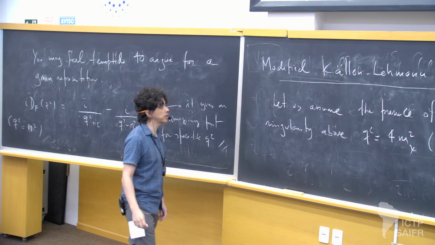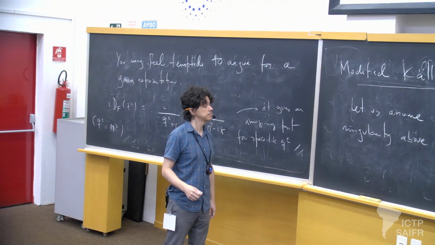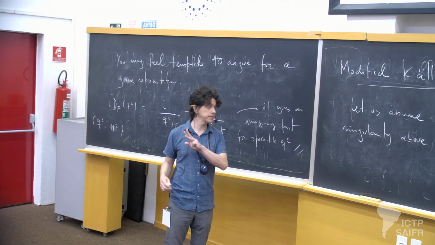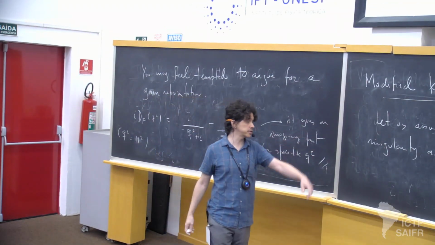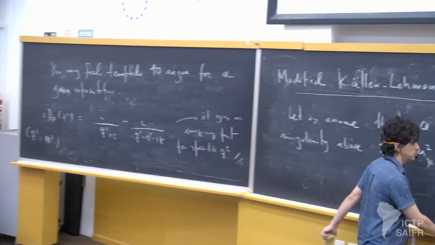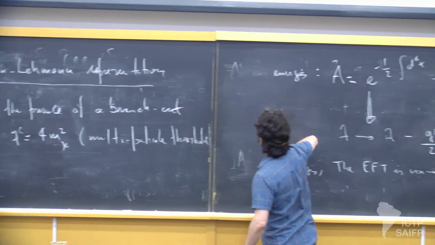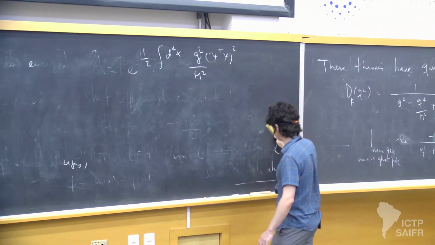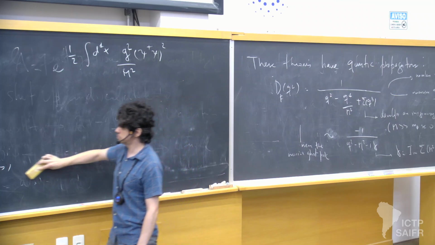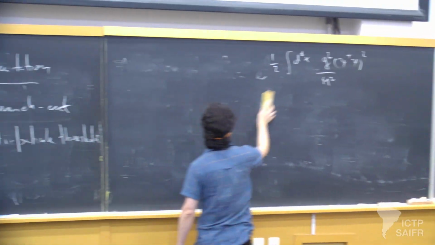So now our propagator has, in principle, 3 features, right? We have these 2 poles, and we have this branch cut singularity. So let's go to the complex Q square plane. The branch cut, yes.